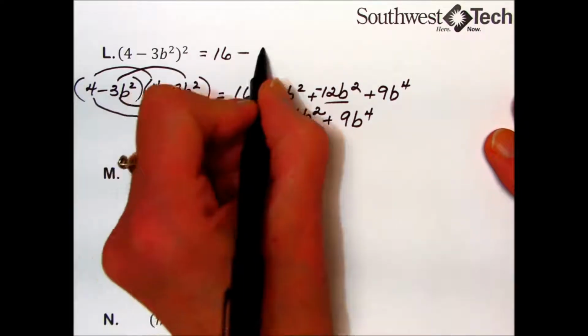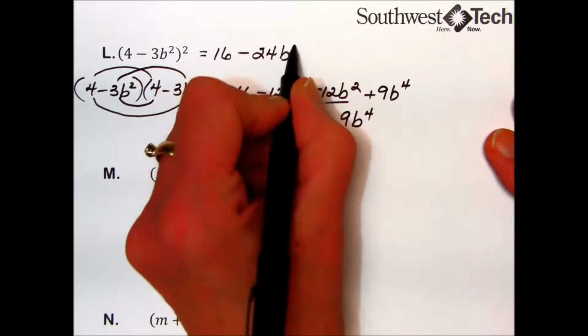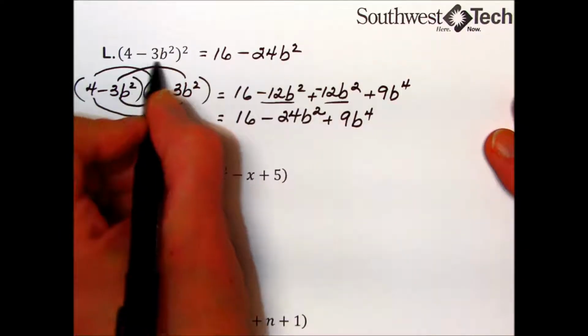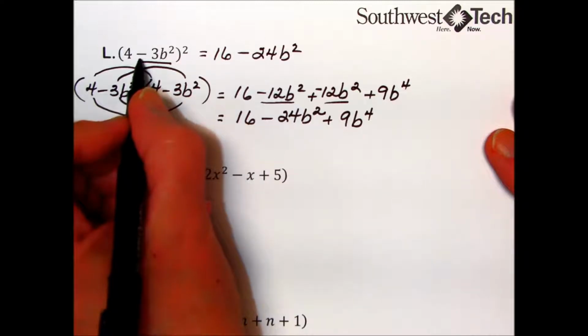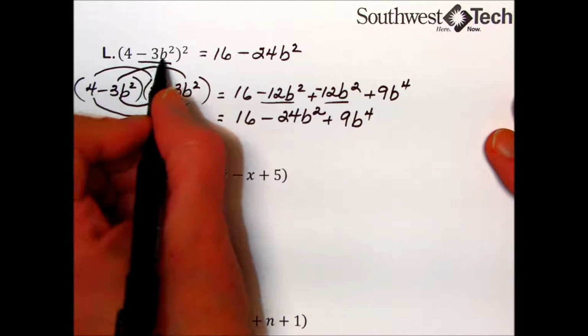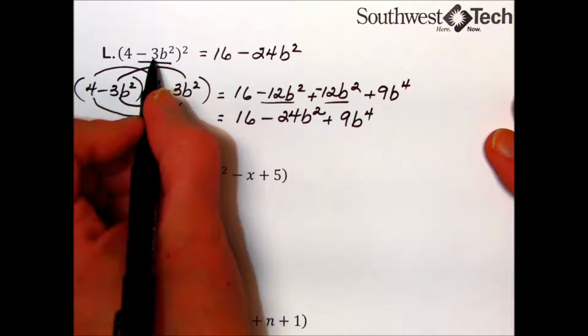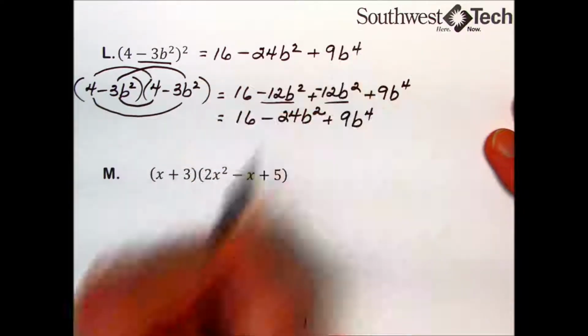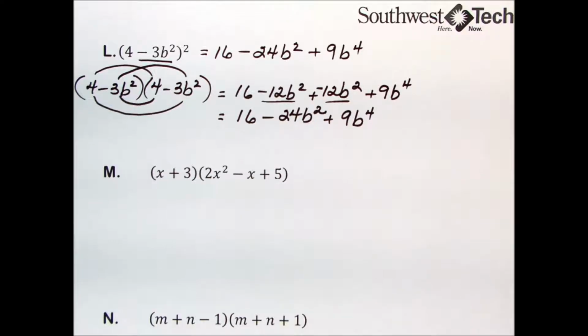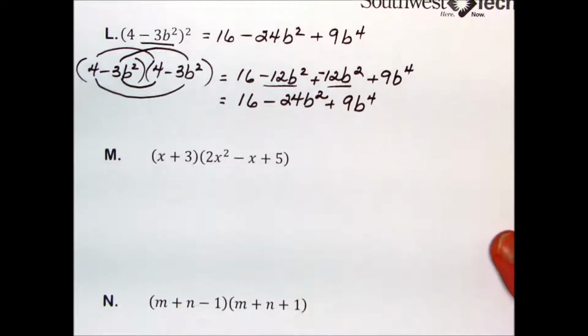Negative 12 doubled is negative 24 with the b squared. And then the last term is this second term squared. A negative times a negative is positive. 3b squared times 3b squared is a positive 9b to the 4th. So your choice, whatever you're comfortable with.